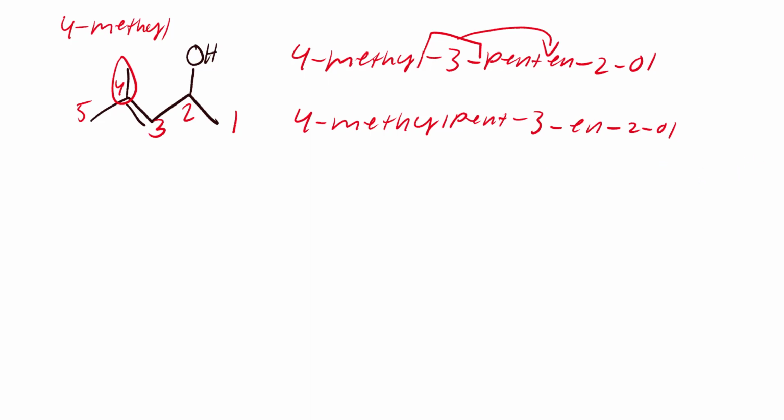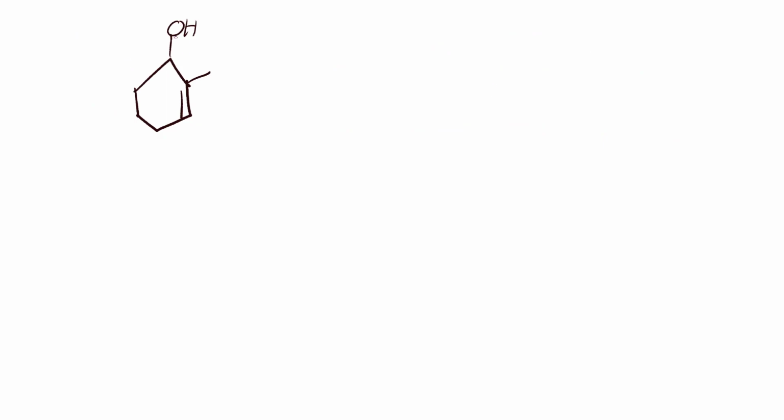It happens. For this one, we're going to start numbering at the alcohol, but I'm not going to do this. No. Instead, I'm going to number this at number 2. So we always want our substituents to be on the lowest carbon. If I went to the left, then this would be a 6 right here. Yeah, this would be a 6, and that's not good. We always want the lowest number.